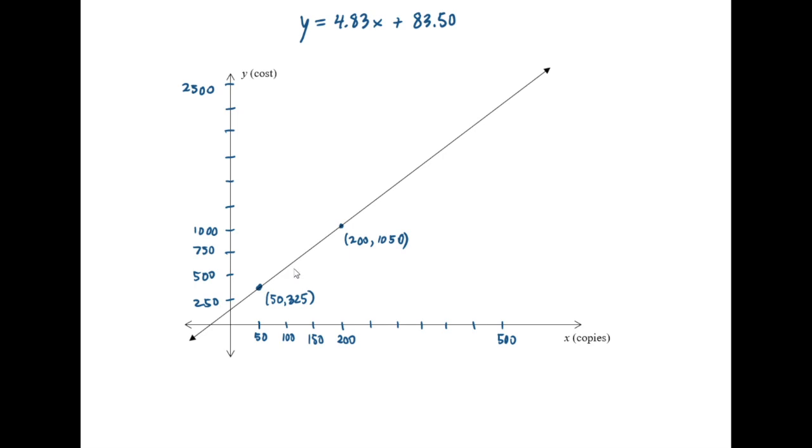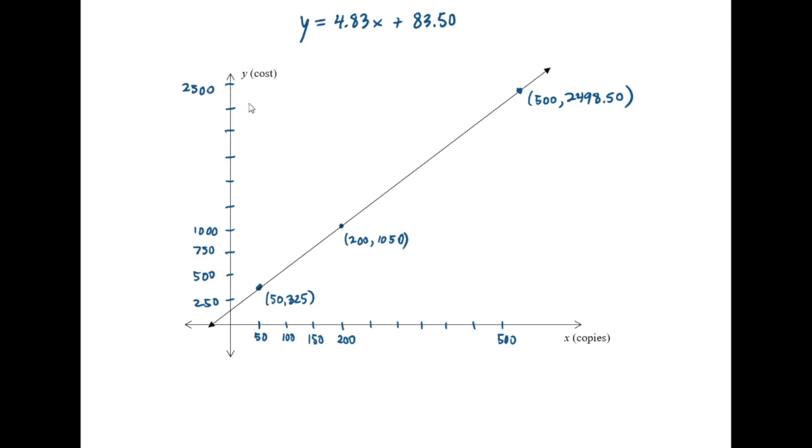In the second part of this problem, we were asked how much it costs to print 500 copies. So we want to start with an x value of 500 and find the y value on this line that goes with that. We found that when x was equal to 500, y is equal to 2,498.50, just below 2,500.